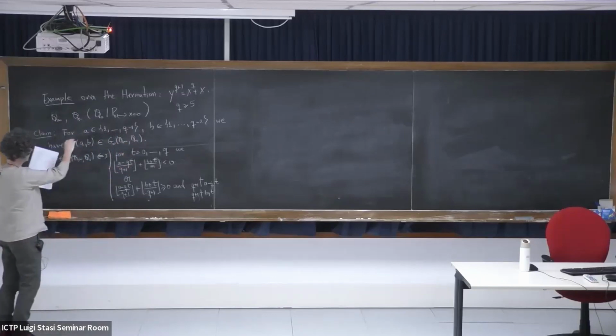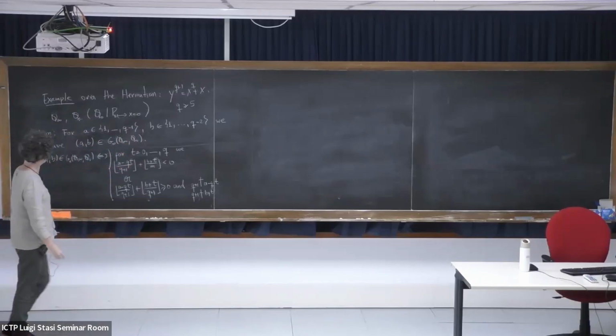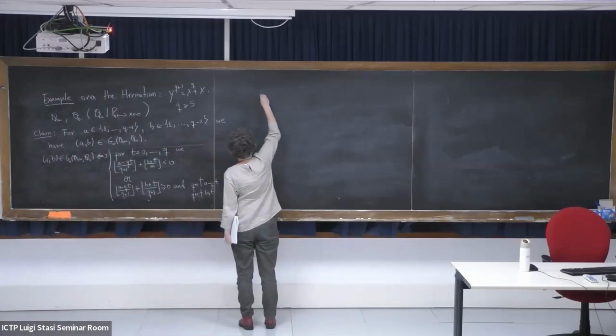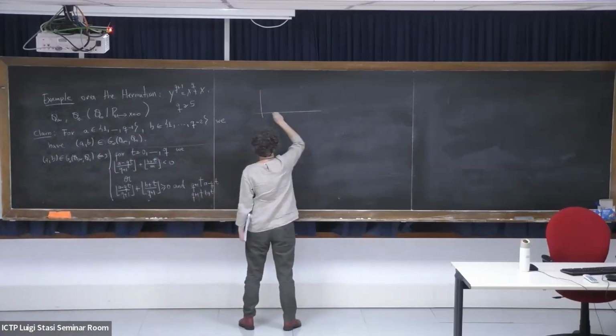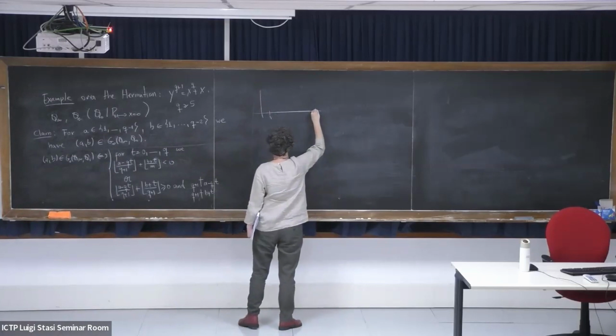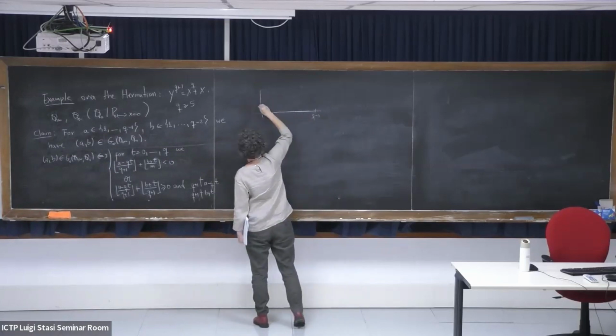So what is happening here? If you can prove this, what we have is that for A from 1 to Q minus 1, we have gaps. Here, I just put B from 1 to Q minus 2.